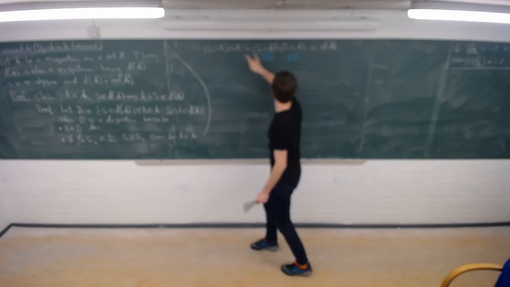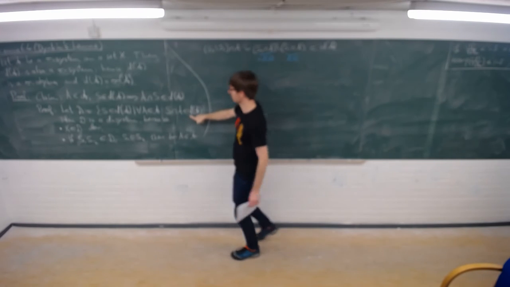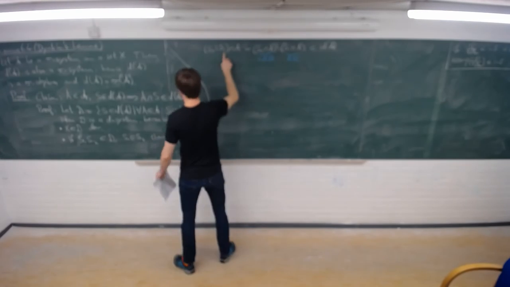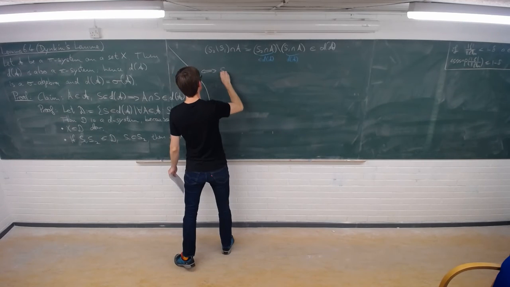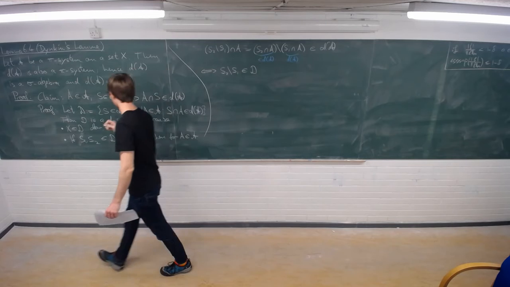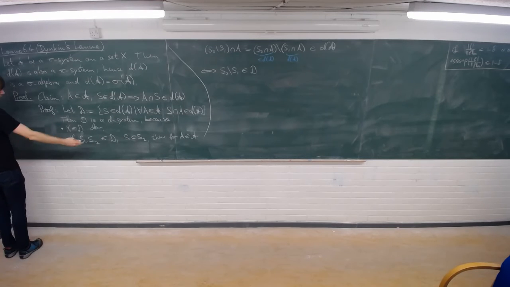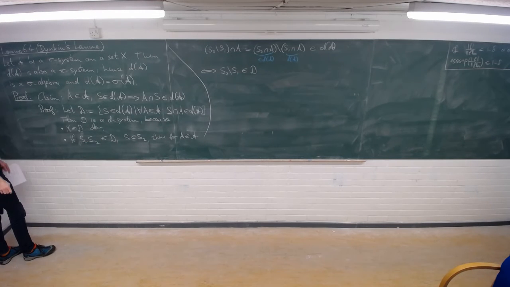Okay, but this intersection being in D(𝒜) is precisely equivalent to S2 minus S1 being in D. Which is what we wanted to prove. Right, so the second property of D systems is satisfied.